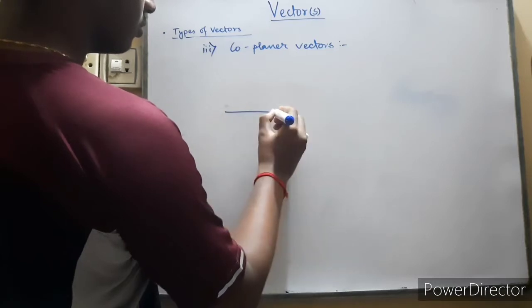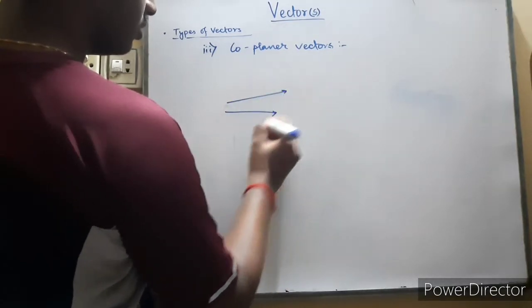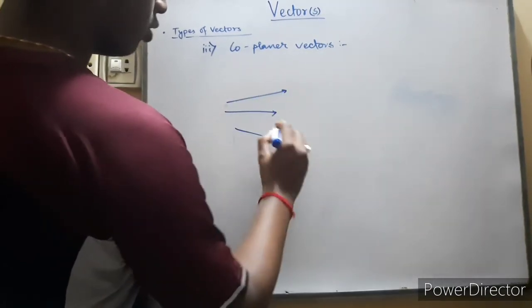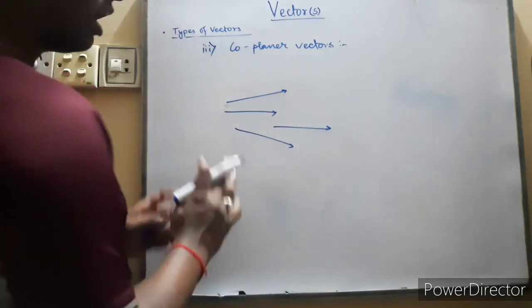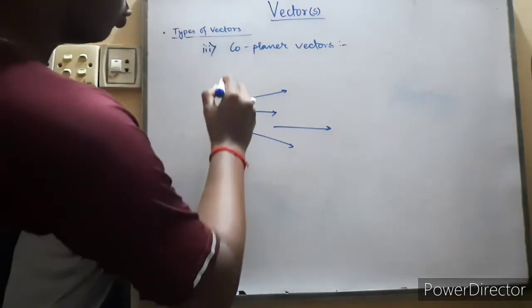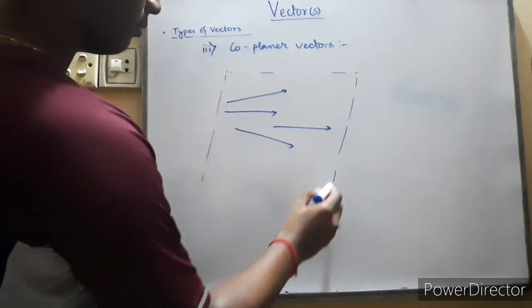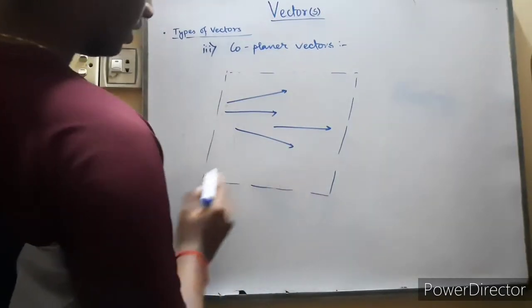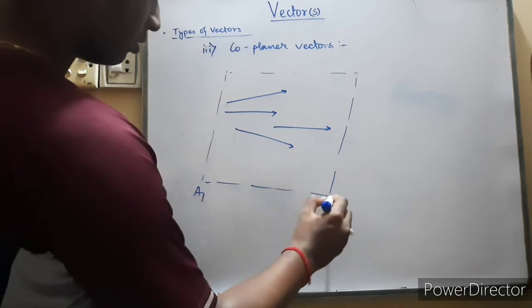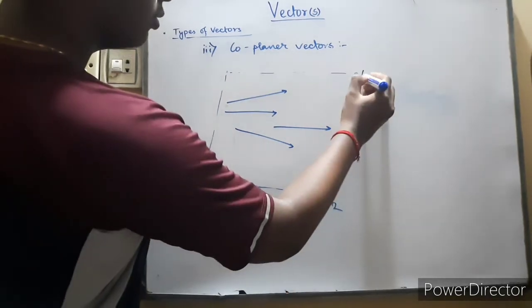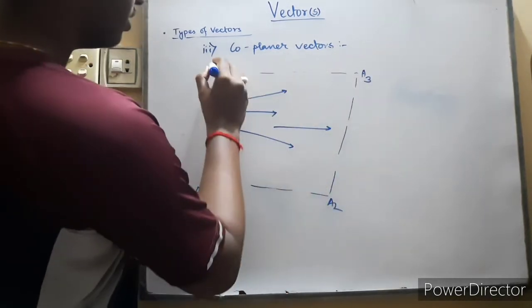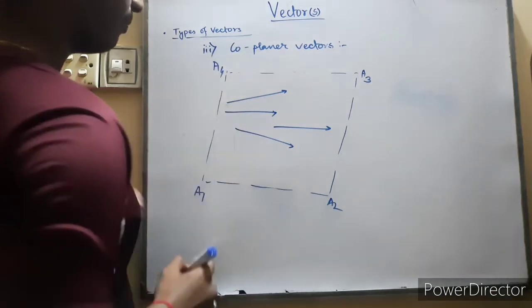Suppose these four vectors are all parallel to this plane. Let me name the plane A1, A2, A3, A4.